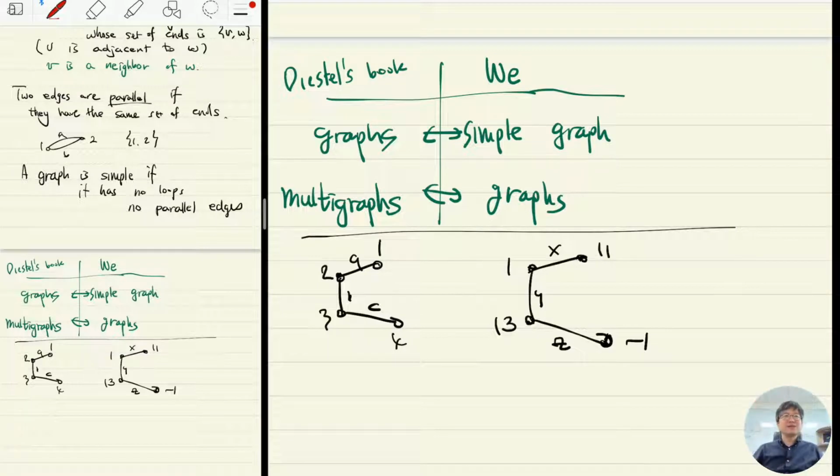The sets of vertices are not equal, the sets of edges are not equal. But we still want to say that these two graphs are the same thing, because essentially what matters is the relations, not the labels. So because of that, we define isomorphism.